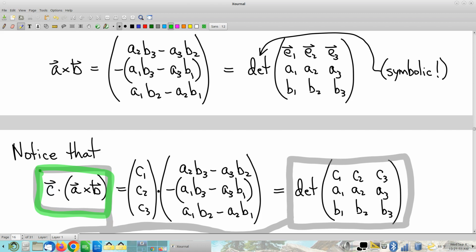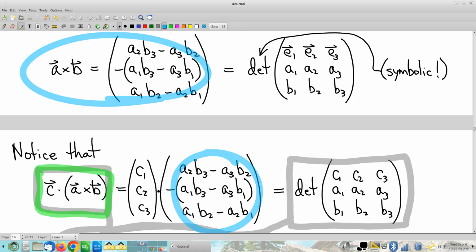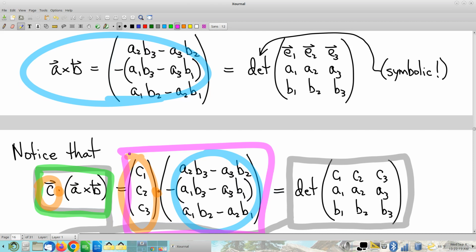The reason it's neat is because if you take the formula for the cross product here, and then dot it with a C vector, like so, you can just write down what it is.